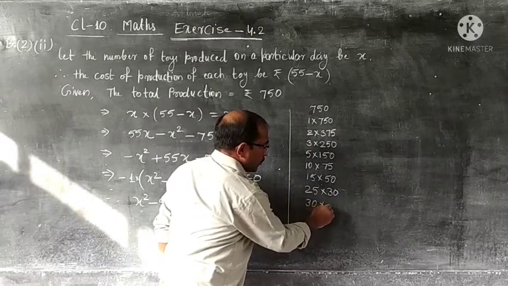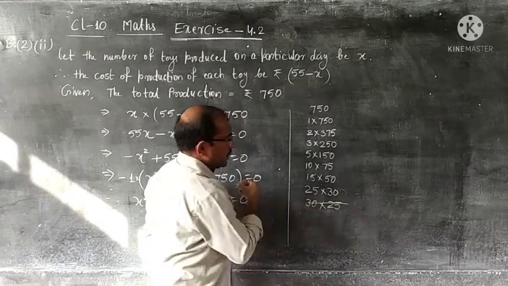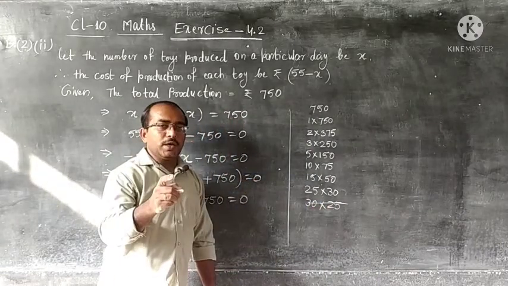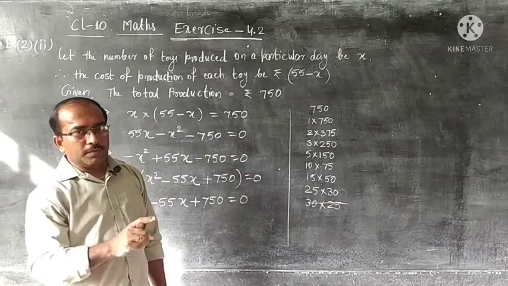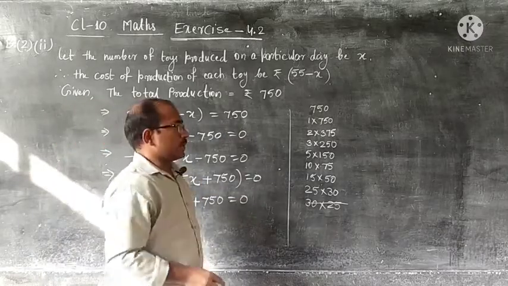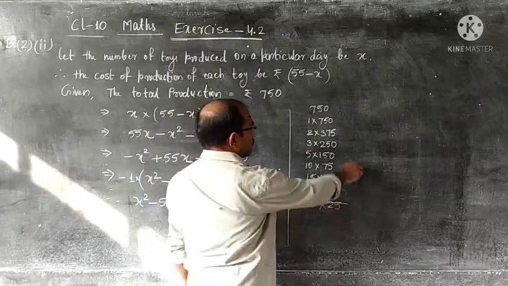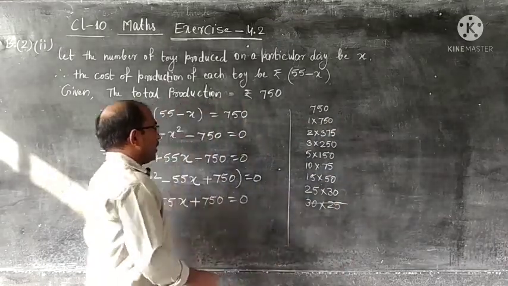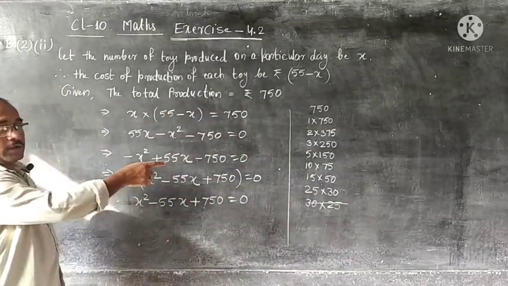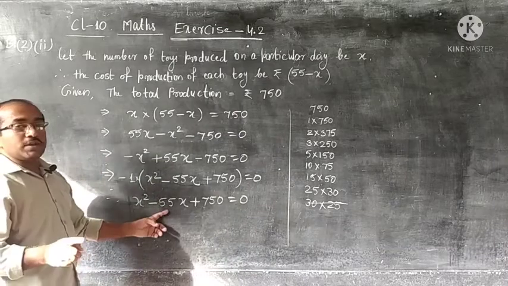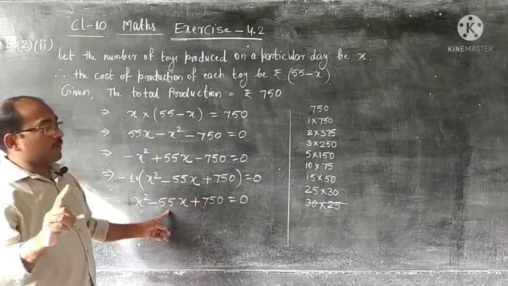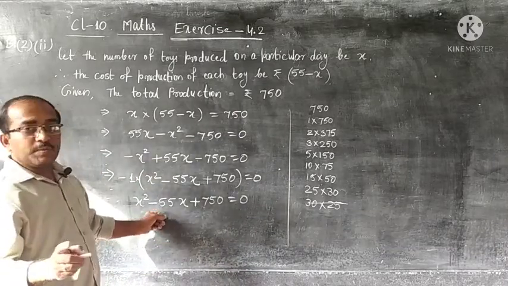As I have told you about finding factors, if a pair of factors comes for the second time, thereafter there are no more factors. So we have found all the factors of 750. Among those pairs, one pair will give us the middle term either by adding or by subtracting them. It is 55.